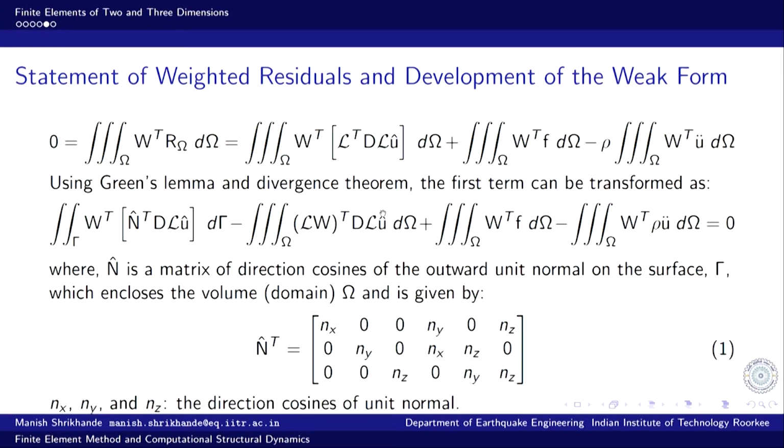So, the primary variables of this problem are the displacements, and the multiplier here, these are the surface tractions, the stress components along the boundary.